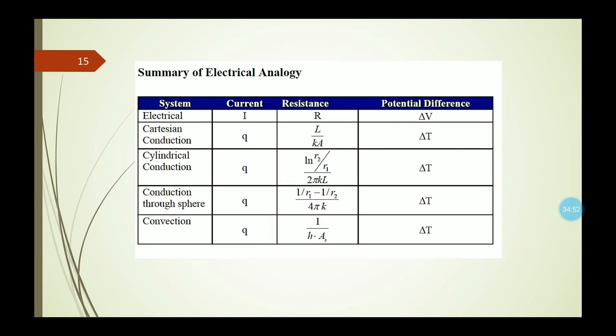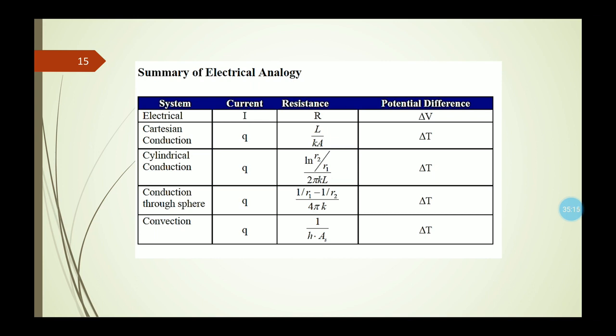Now this is the summary of the electrical analogy that we have discussed till now. In the electrical concept, we know that if current is I and resistance is R, then the potential difference is V. So V equals IR, the formula we have studied.